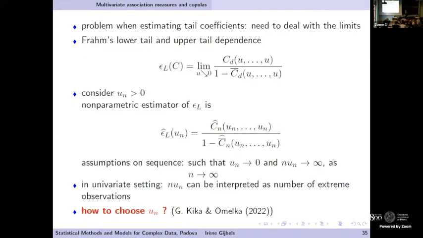Essentially, this quantity plays the role of the number of extreme observations. But how to choose it in practice? I was surprised to see that even for that, there were no results available. What we did is, by showing consistency, by looking at the bias, and by looking at the variance, we came up with a way to choose that smoothing parameter, if I may call it that. But I was surprised to see that this is not there.